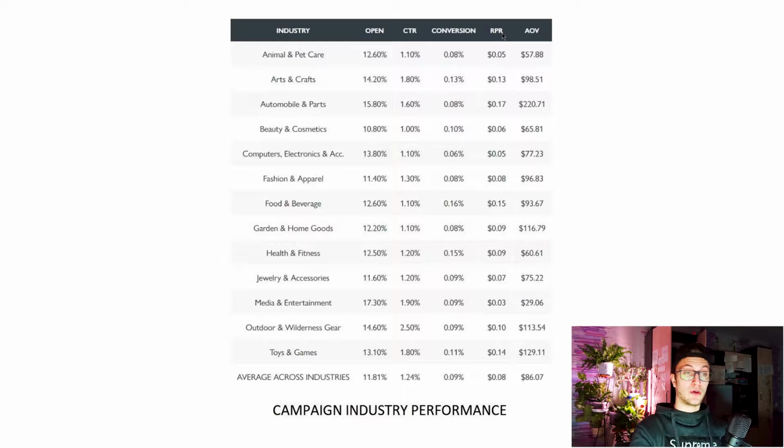It's actually revenue per recipient, and usually we'll get $50 from every pet lover and dog owner, kitty owner, or horse owner. Sometimes people own horses. Average order value, again across welcome series, is $57.88 in pet care.